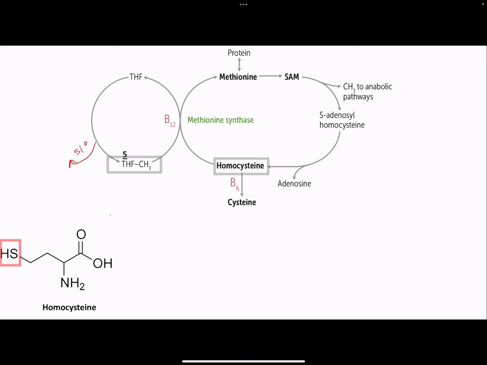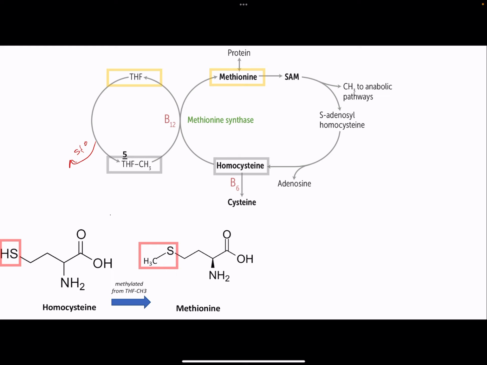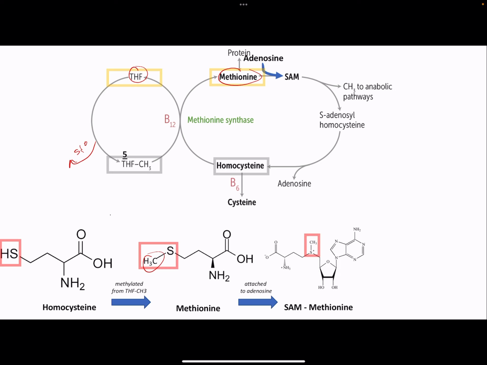So here's a 5-methyl whatever. And boom, we're just going to swap. The homocysteine grabs the methyl from the THF. Now it's just normal THF with no methyl. Why? Because the methyl is now on the methionine. We can see it right there. Okay, what's going to happen next? Boom, and adenosine is coming in.